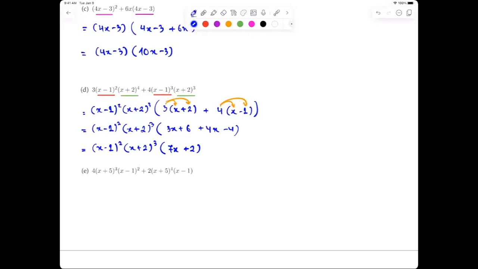Now for E, I'm going to give you 30 seconds to work through the problem. Everyone did very well. All right, so the common factor in this case, bear with me here.